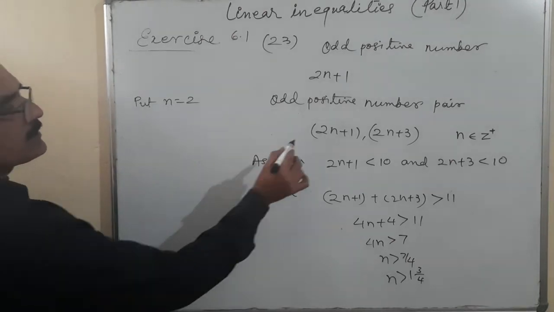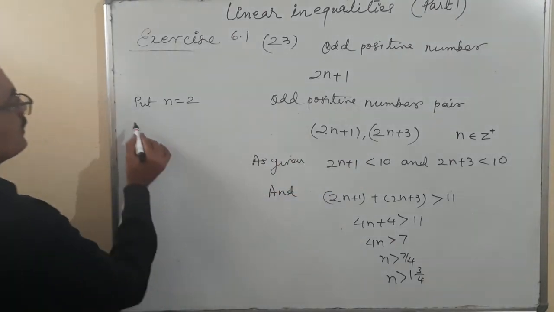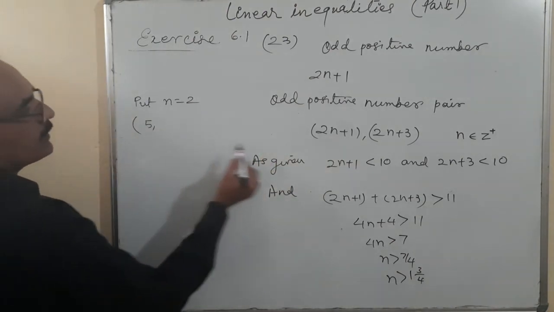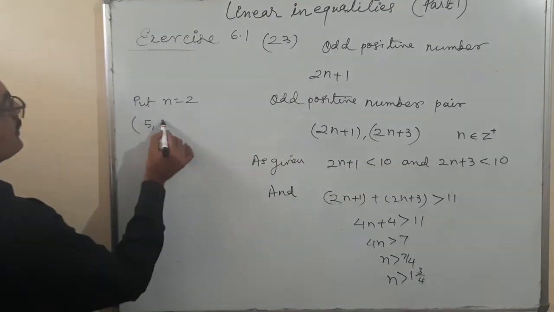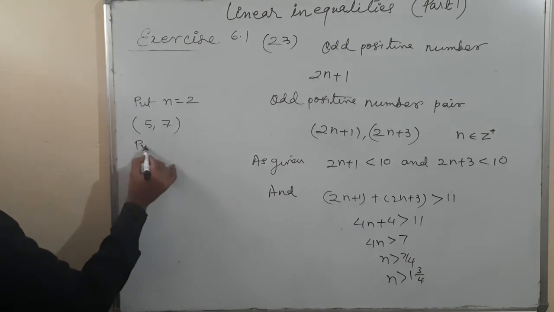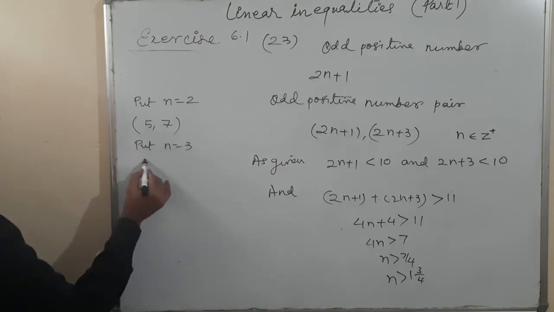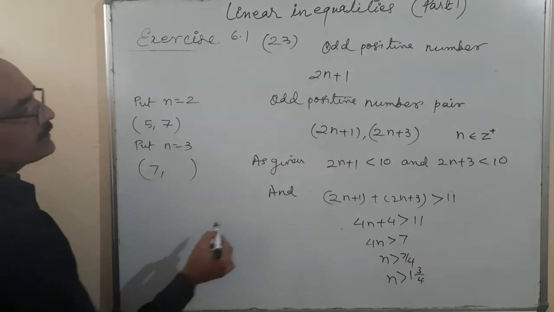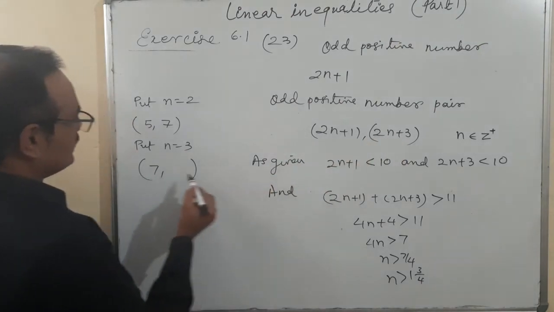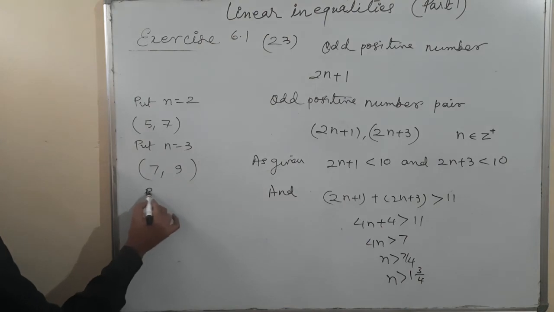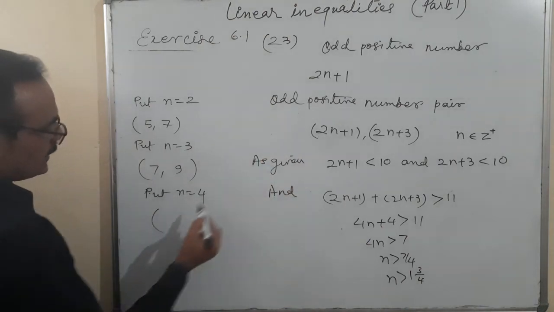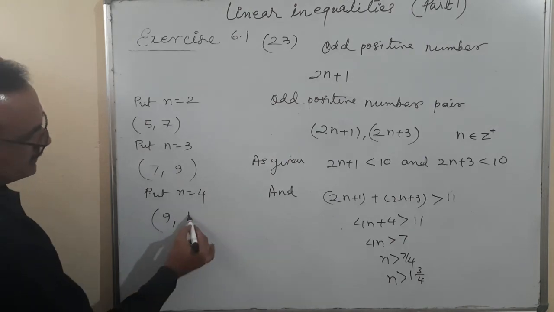When I put n equal to 2, the pair is 2 times 2 is 4 plus 1, 5, and 4 plus 3, 7. When n is equal to 3, the next pair is 6 plus 1, 7, and 6 plus 3, 9. When n is equal to 4, we get 9 and 11.